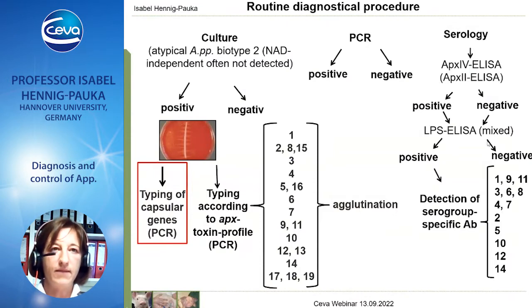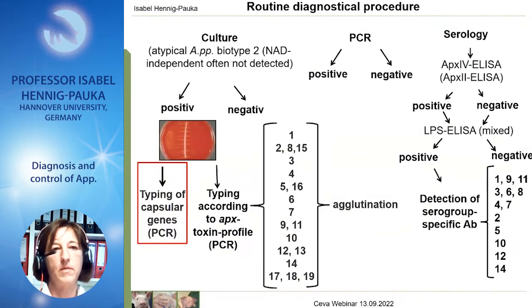You can do the LPS ELISA, and you can do also serotype-specific ELISA. Then you get already groups, and results are difficult to interpret sometimes because the pig can have contact with several serotypes, and it's hard to find out the one which is most important in the farm.